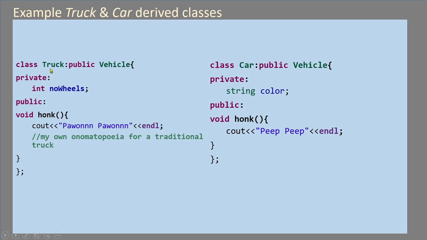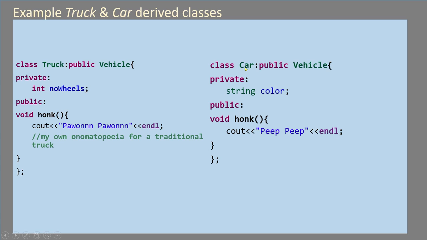Vehicle is a parent, truck is a child class. The truck has its own attributes, for example, number of wheels, and it has redefined the honk as, for example, paw paw paw. That is my own onomatopoeia for the traditional truck, the truck that sounds here.